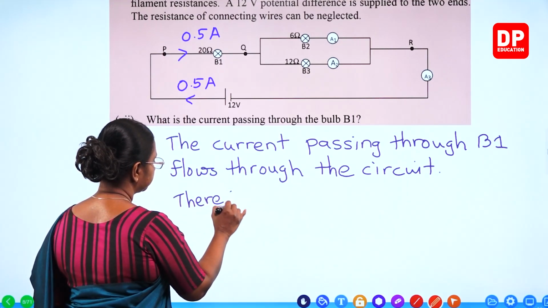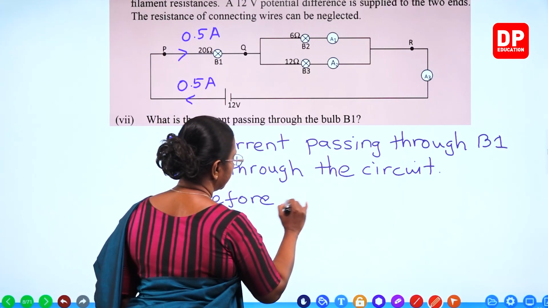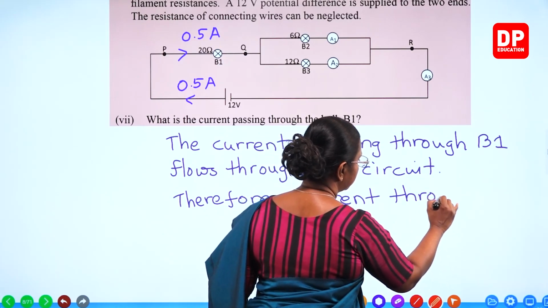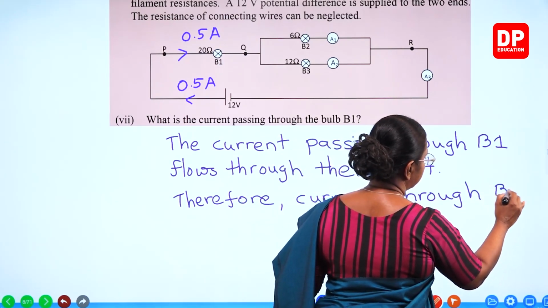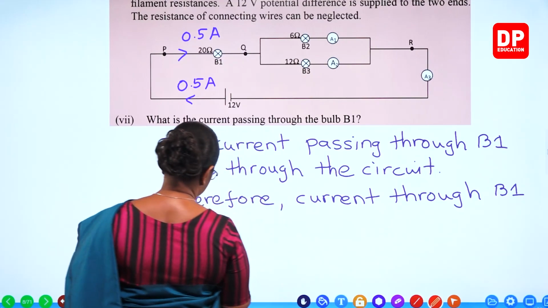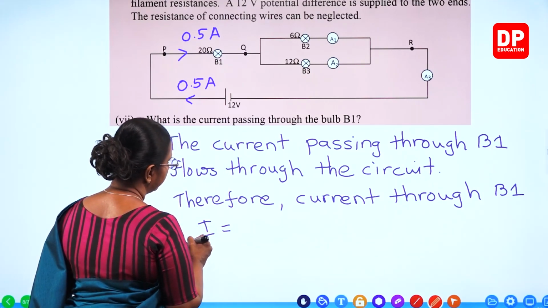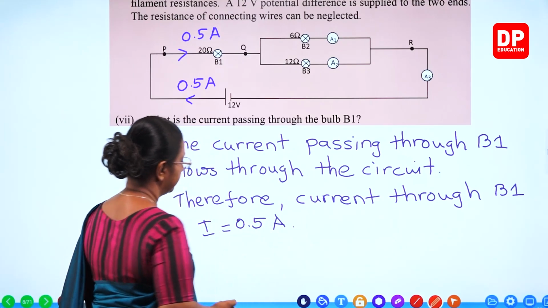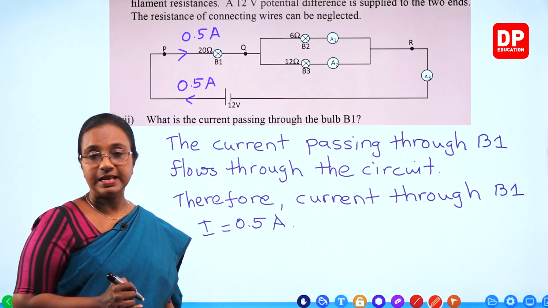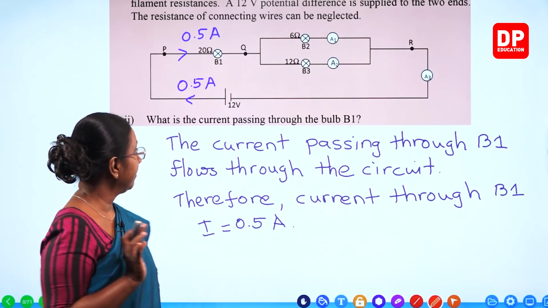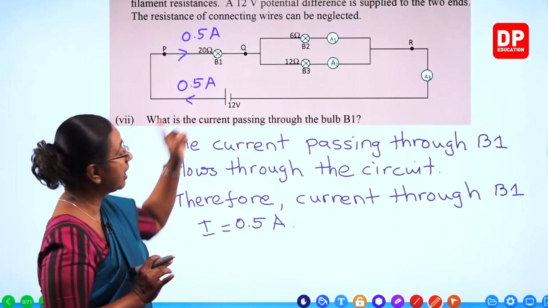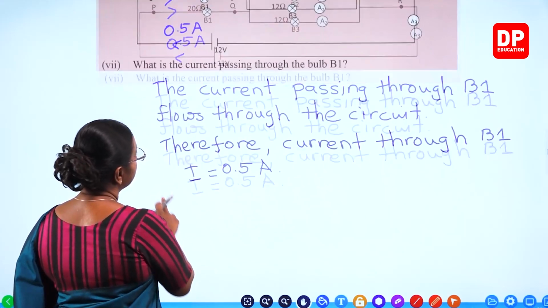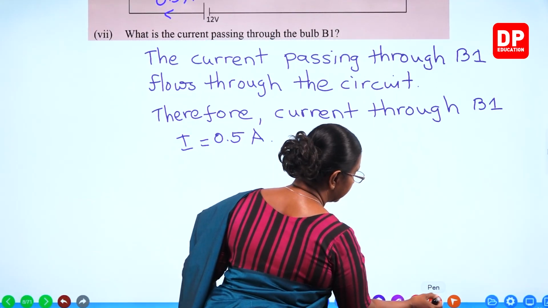Therefore, current through B1, that is I is equal to 0.5 amperes. That way also you can calculate. That is one way, because you all know all the current will pass through B1. Otherwise, you can use another method.